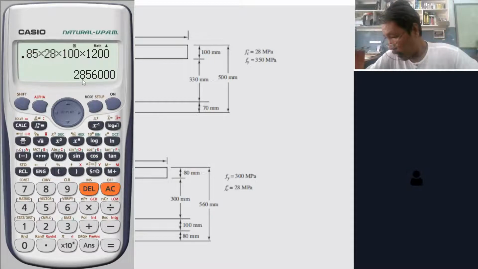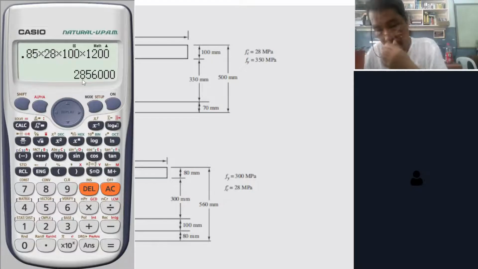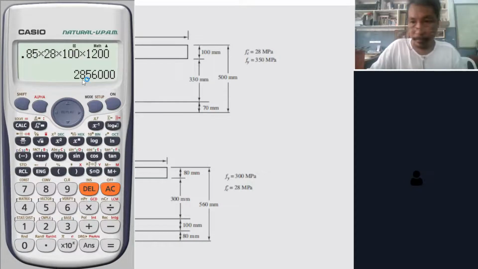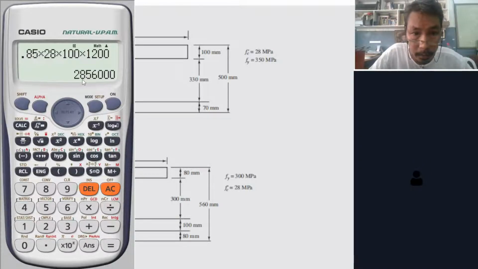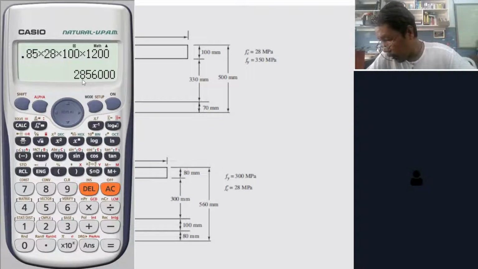And what about CW? CW is 0.85 f'c, and we do not know the value of P, times 250, where 250 is the value of b.